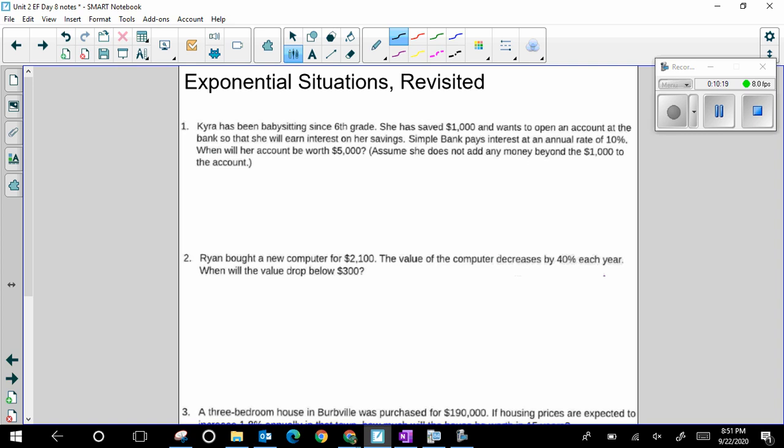So you can read it quickly, but this is where Kyra saved, she's depositing $1,000 into the bank. She's earning 10% interest, so that's 1.10 to some power, and we want it to equal $5,000.